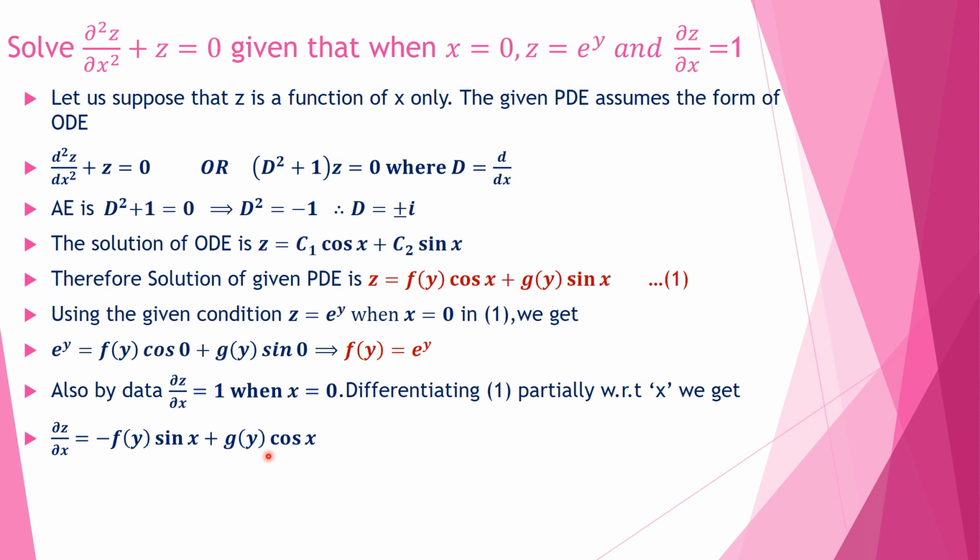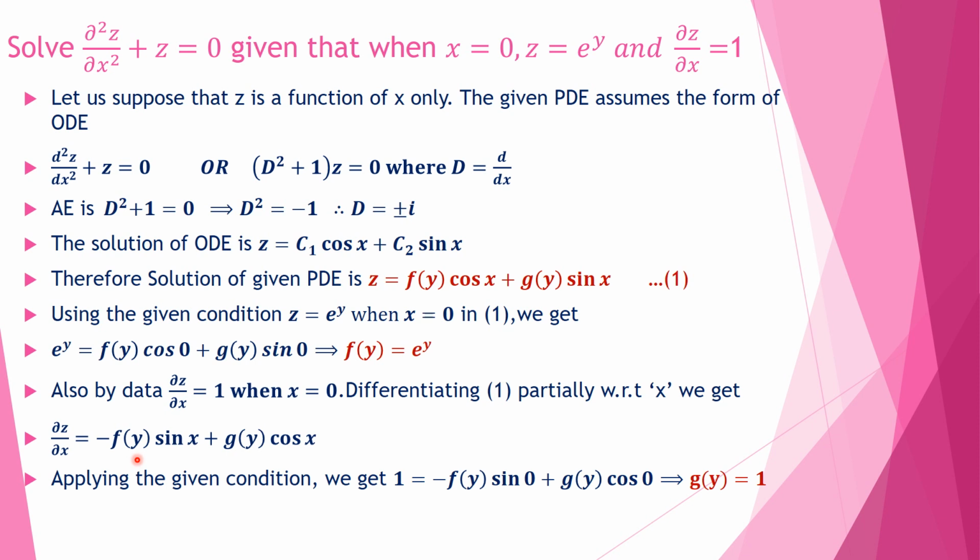Now let us use the condition, dou z by dou x is 1 when x equal to 0, in this expression. So dou z by dou x is replaced by 1 and x is replaced by 0. So 1 equal to minus f of y into sin 0 plus g of y into cos 0.